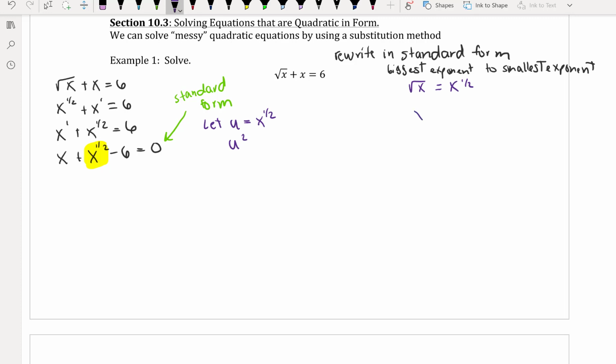If I have x to the 1/2 and I square it, that would give me x to the 1/2 times 2 over 1, which is x to the 2 over 2, which is just x. So now I have that u squared is really just equal to x.